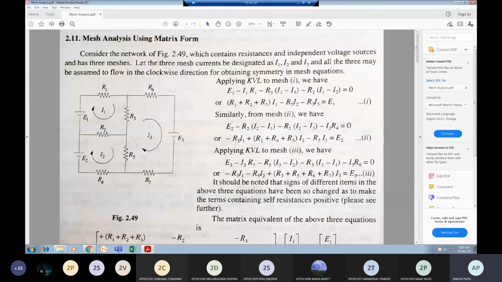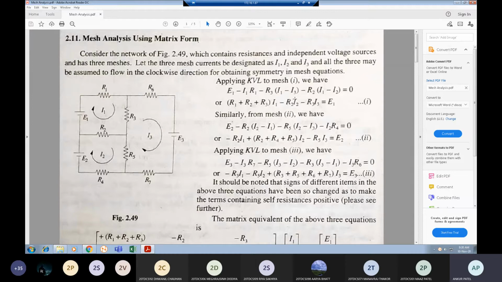Now here we have one node where two currents are meeting. For R3, we have the I1 current as well as the I3 current. So suppose we are going for I1, you need to write minus R3 in bracket I1 minus I3. When two currents are passing through a resistor, for the particular loop we are moving through in the same direction, you need to write minus R3 in bracket first the loop current and then the other branch current with a minus.